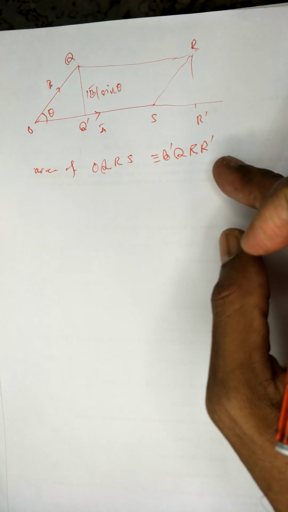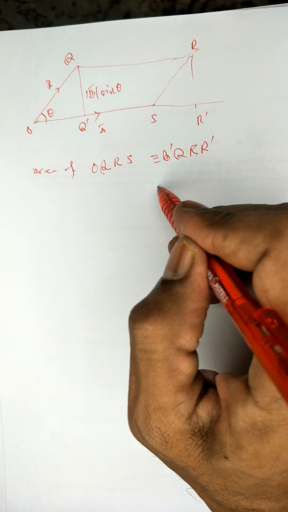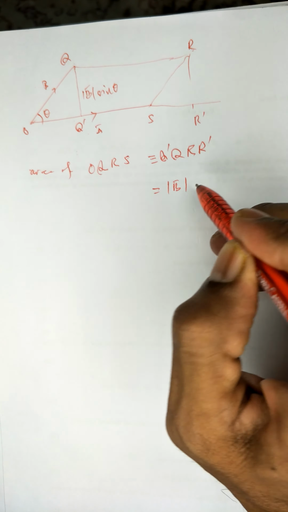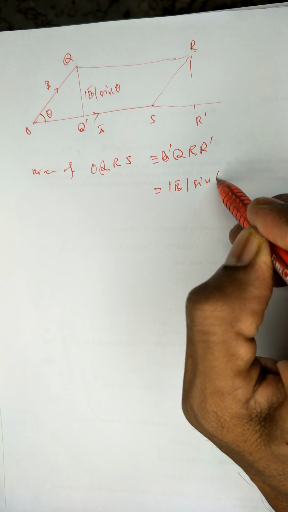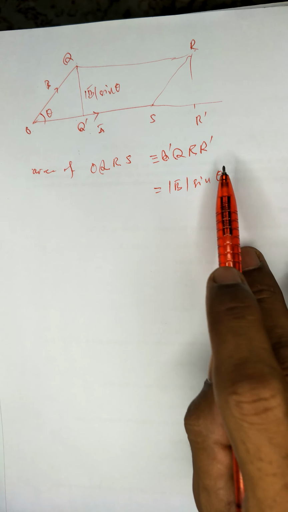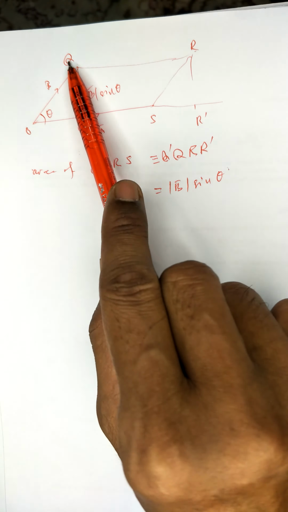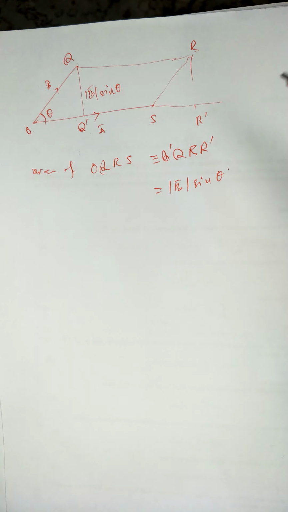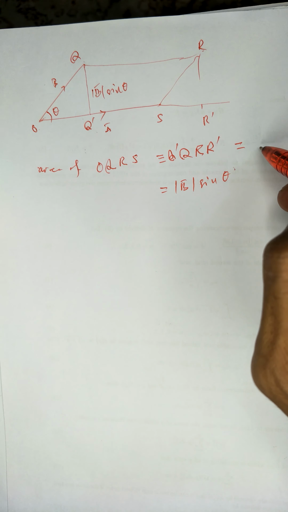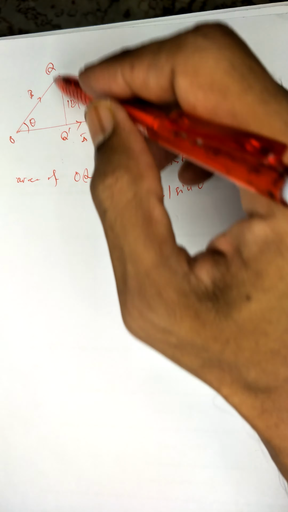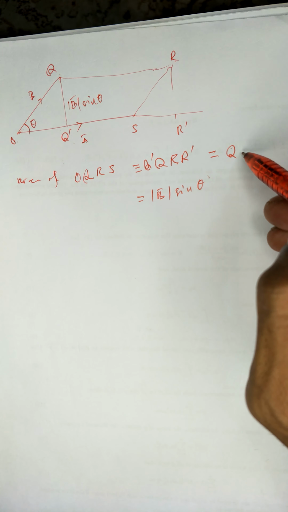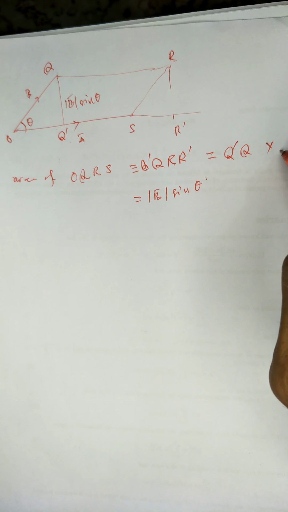What we can find from this diagram is that the area of the parallelogram OQRS is the same as the area of the rectangle Q Q prime R R prime. So we just need to show that Q Q prime is B sine theta, and the area of the rectangle is Q prime Q times QR.